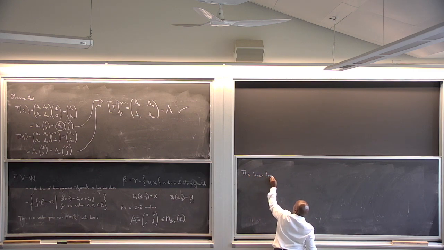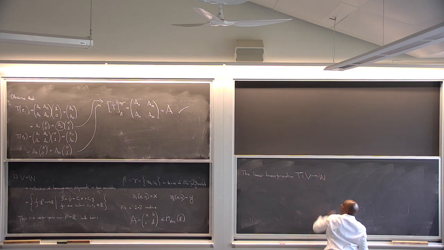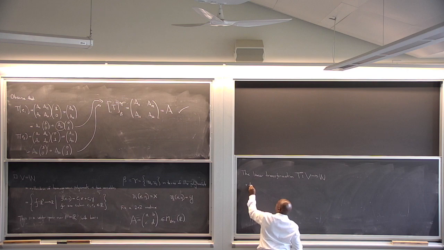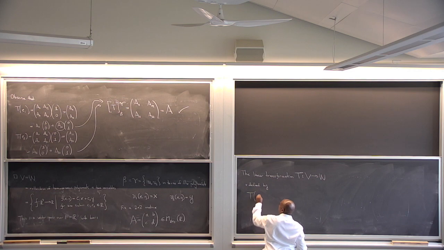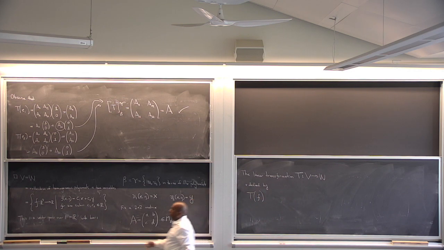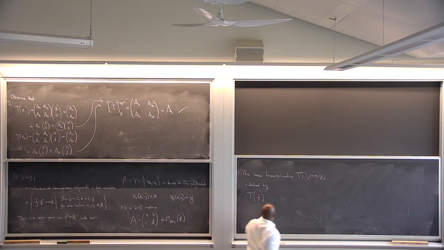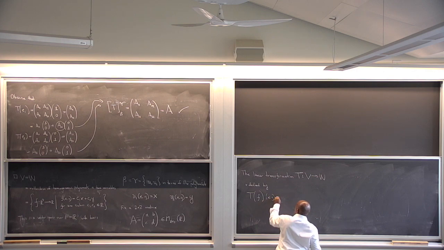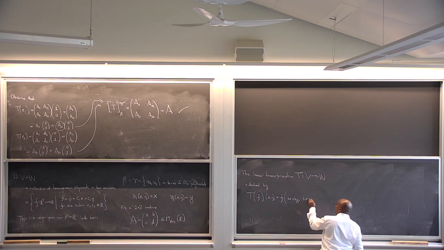The linear transformation that I'll define says if I take a polynomial f, remember it's in this form here, c1x plus c2y, this should be some new polynomial in x and y. And I will get this by whenever I see x, I'll replace that by ax plus by. And whenever I see y, I'll replace that by cx plus dy.